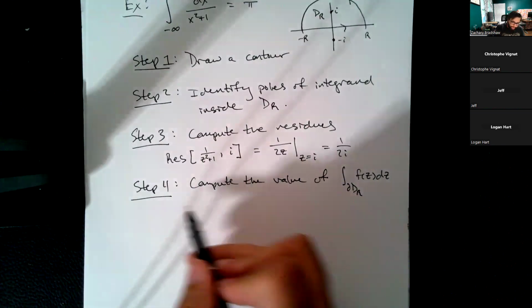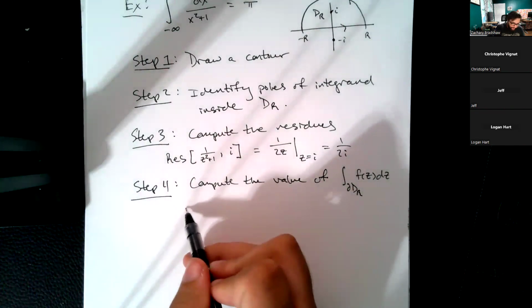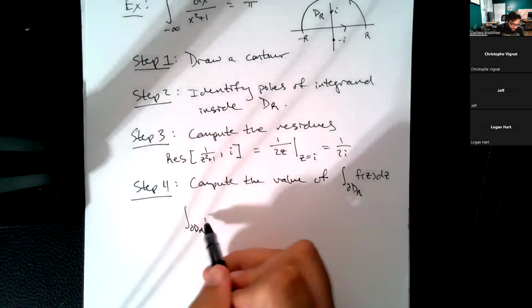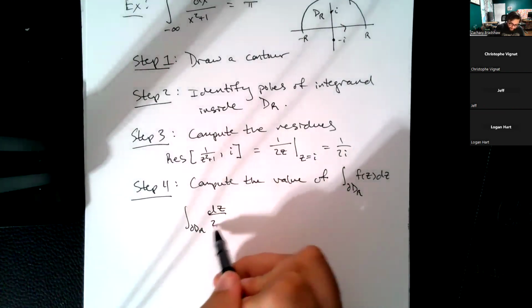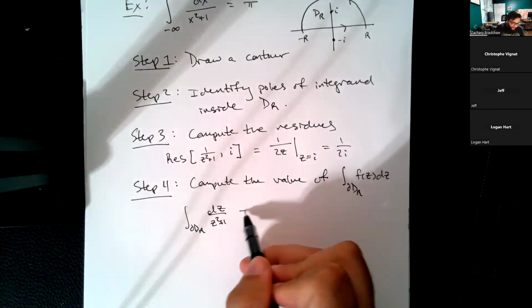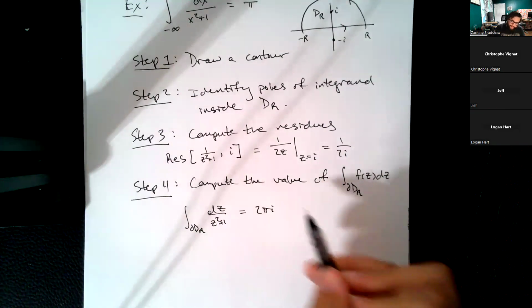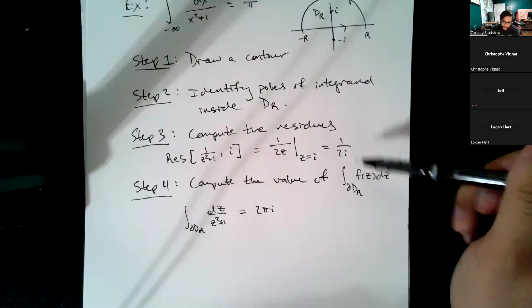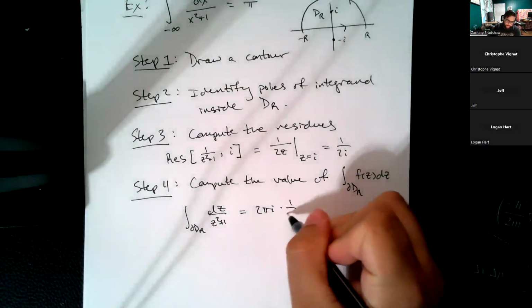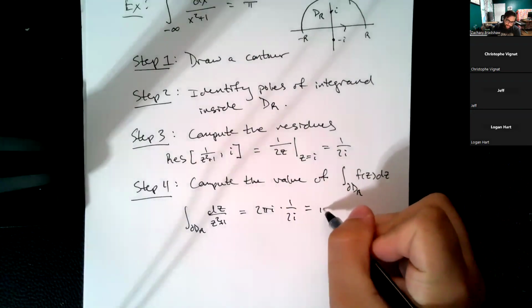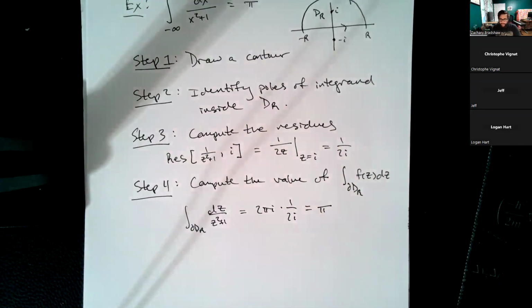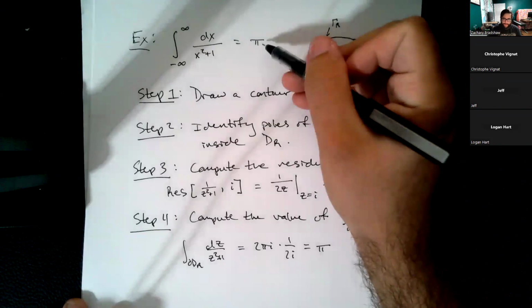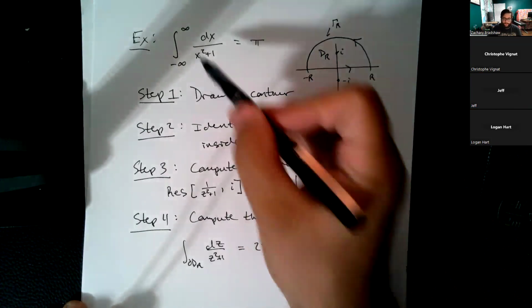So the residue theorem tells us that this integral is equal to 2 pi i times the sum of the residues. There's only one residue here, right? It's 1 over 2i. So what we get is pi. And yes, this pi matches that pi, but the integrals are different.